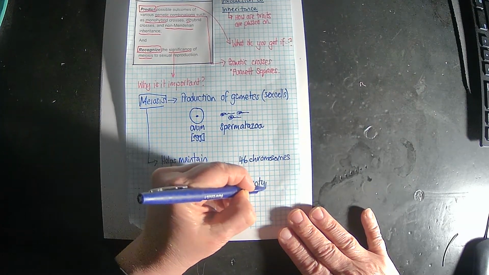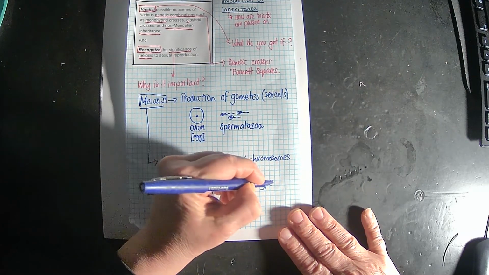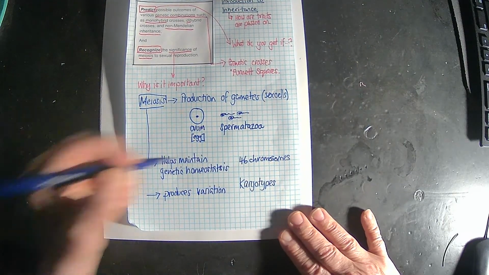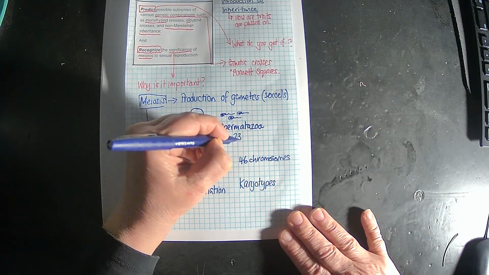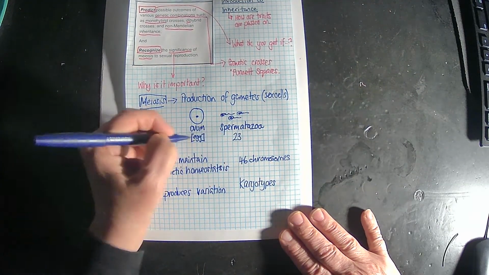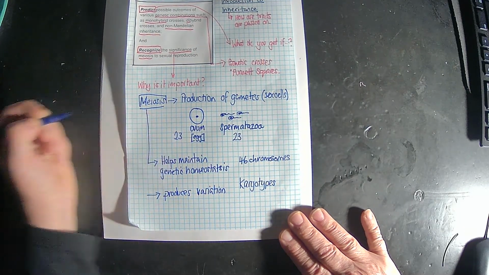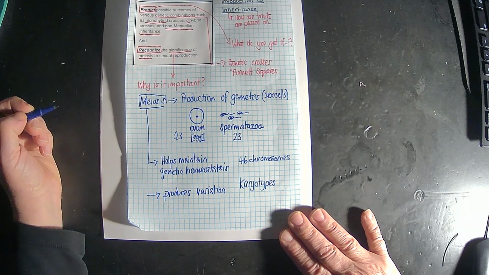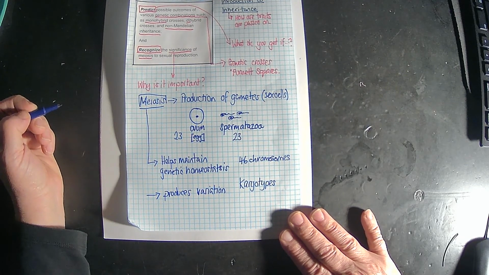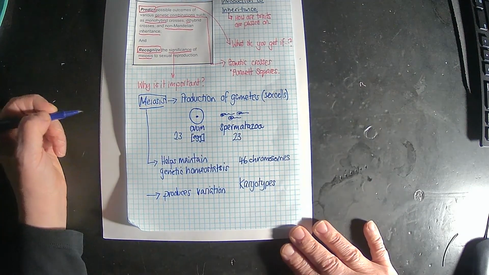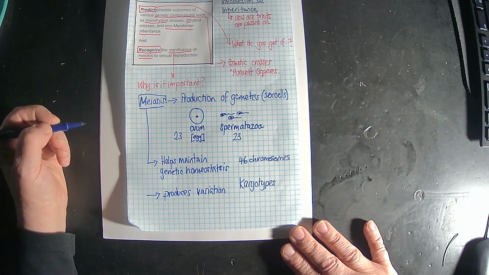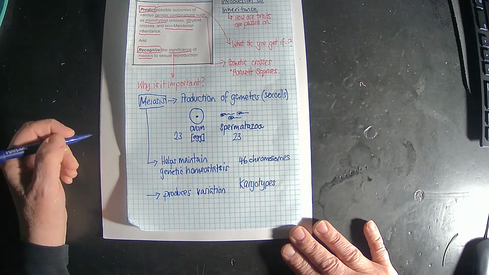We have 46 chromosomes, 23 of which are in your dad's sperm cells, 23 of which are in your mum's egg cells. That's how we get to 46. 23 and 23 is 46. Half of your genetic information comes from your mum, half from your dad.